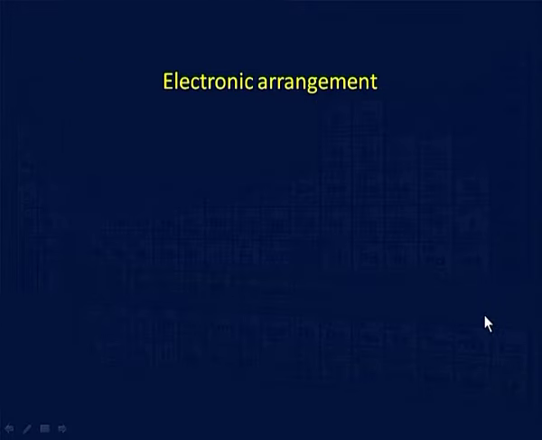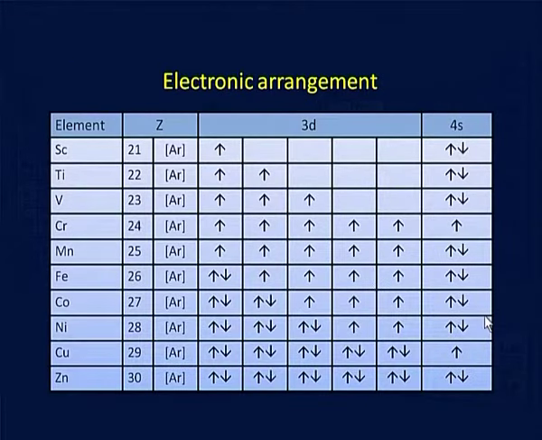So, why this anomaly? Anyway, we are going to answer this anomaly slightly later, but before that, how you will write the d electrons in the conventional way is also shown in this figure.